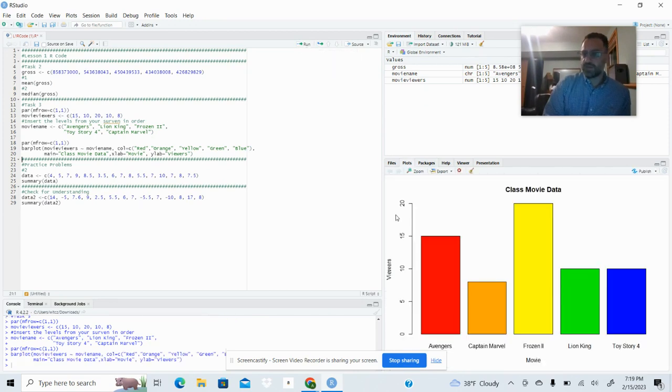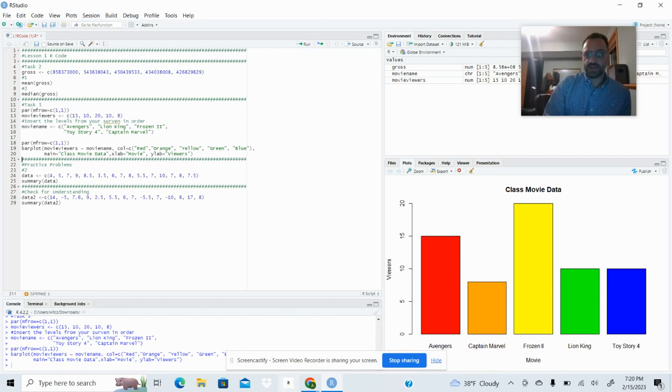So I press run, and then boom, the graph appears right here. If you notice, my numbers are 15, 10, 20, 10, and 8 with the labels that I put in order, and the movie name labels are beneath them.